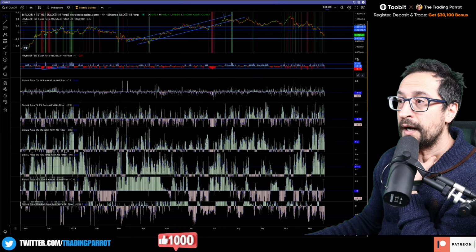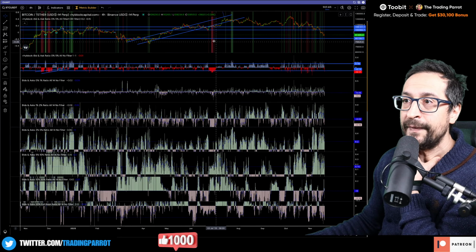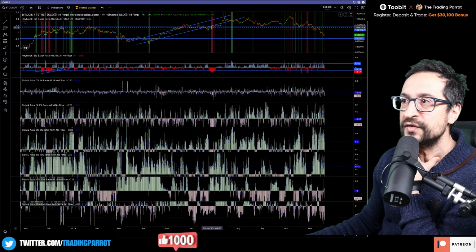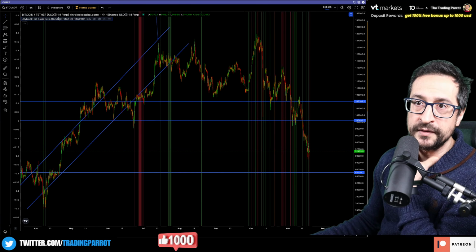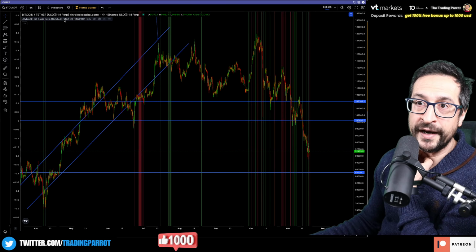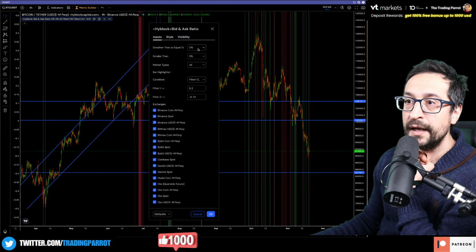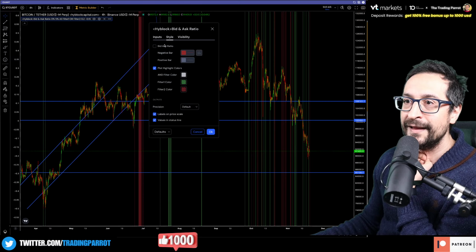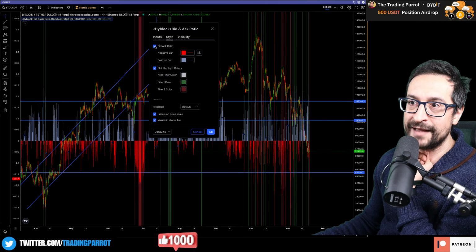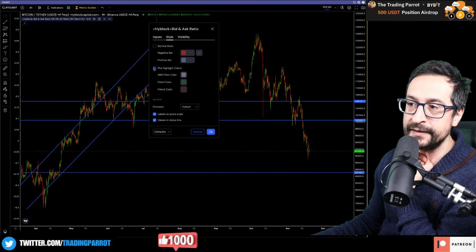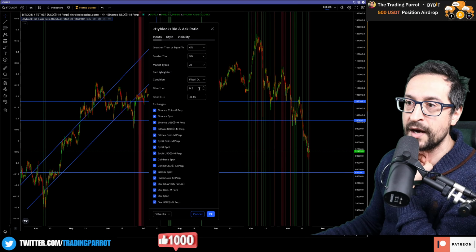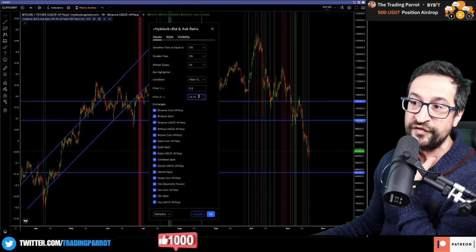I just do it with the naked eye, and then I transfer it into this color way of visualizing in the price, which at the moment has the indicator overlapping with the price, and I'm hiding the actual bid-ask ratio and just letting it plot the highlighted colors for my signals, which are at the moment those filters.